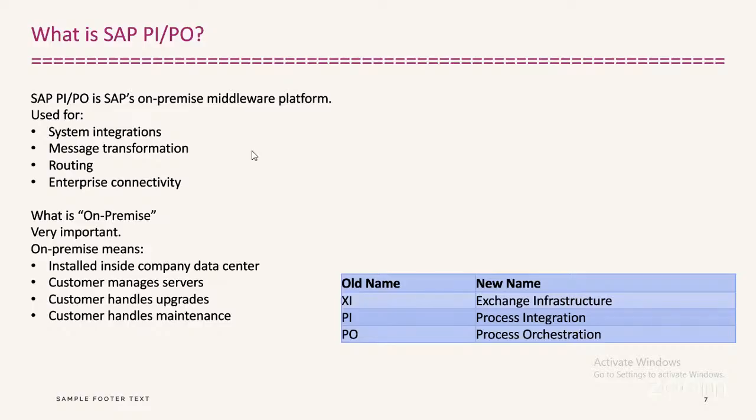Whereas in the cloud, we don't have the option to upgrade or not. SAP will automatically upgrade our system. Before upgrading, they will send a notification saying this is the new patch and these are the changes SAP has made. If there is any dependency with your interfaces, please consider this.